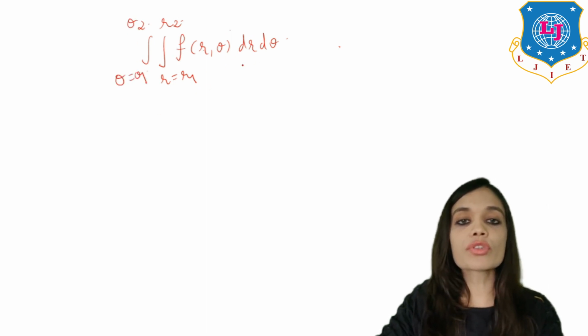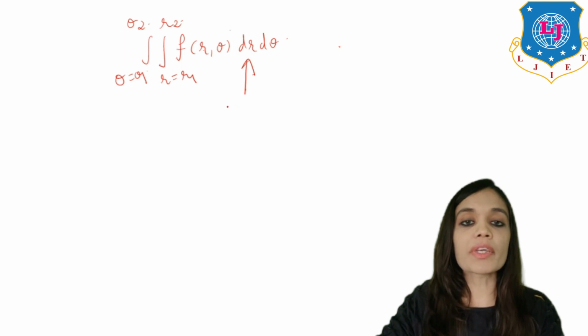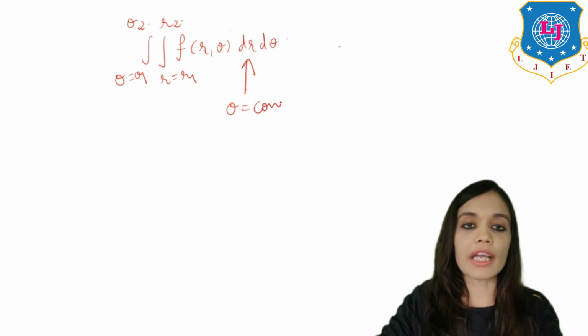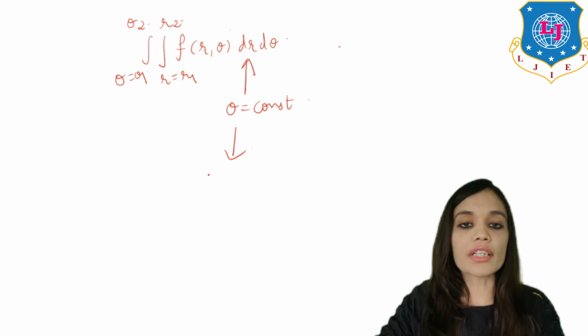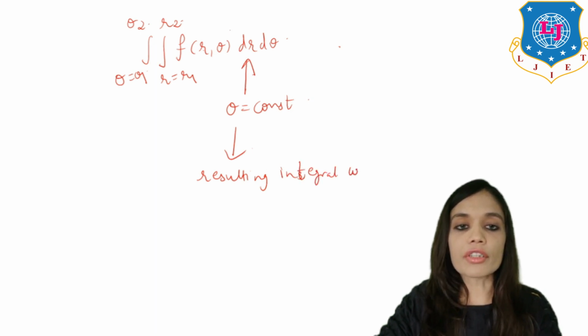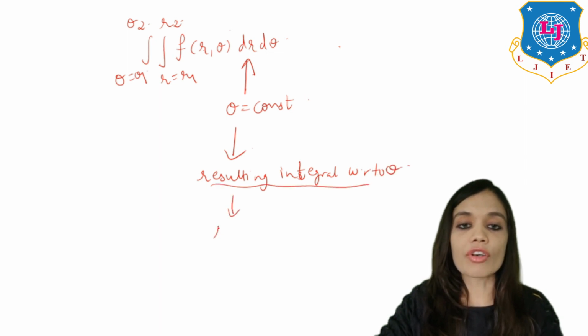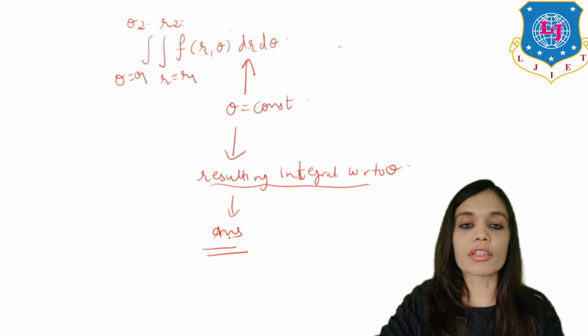In this, what you have to do, you have to evaluate this integral with respect to r first, right? Keeping what constant? Theta as constant, right? And then you have to evaluate the resulting integral with respect to what? Theta, right? Resulting integral with respect to theta. So from this you will get your desired answer, right?